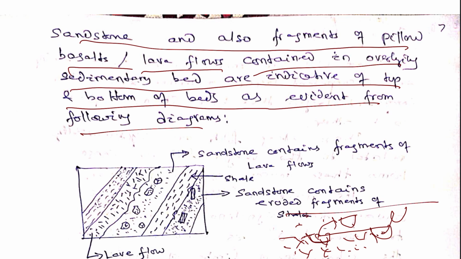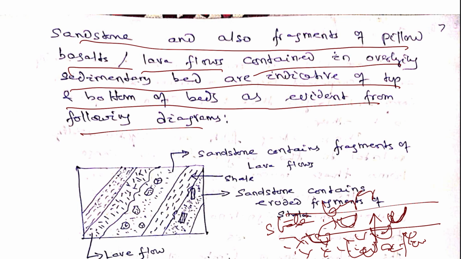So let us say it is a shell layer. The shell layer contains these fragments which have been derived from the bottom lava flow. So this is a normal process of finding the fragments of lower bed in the upper bed.